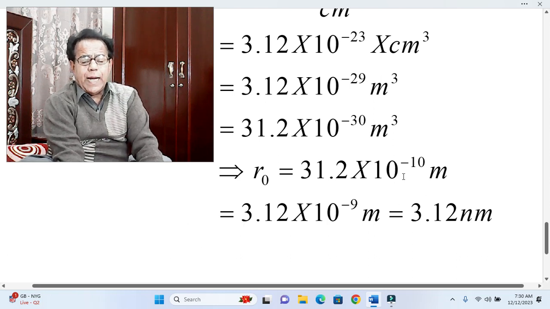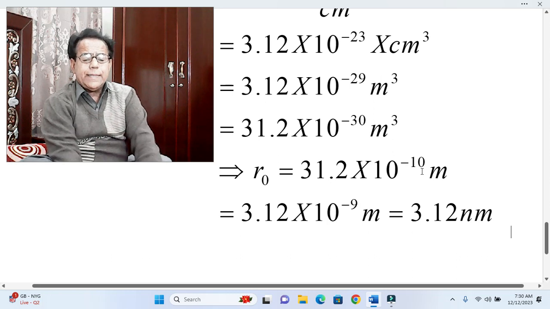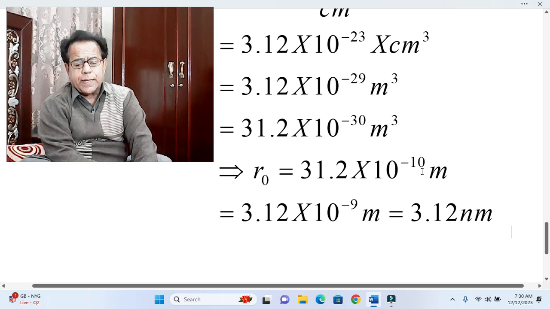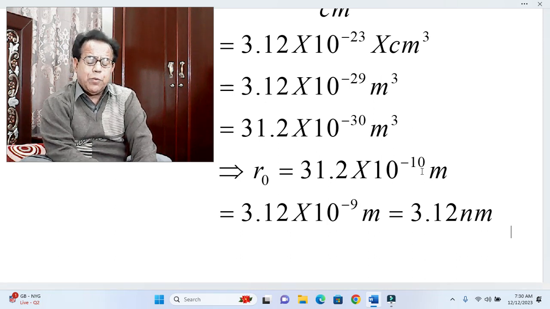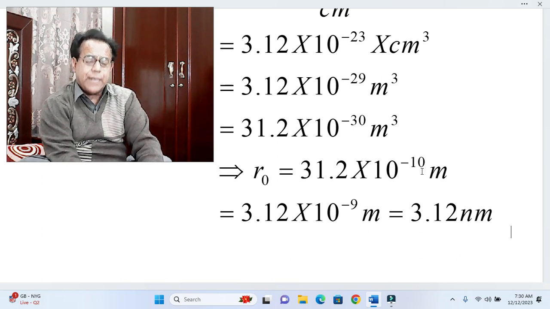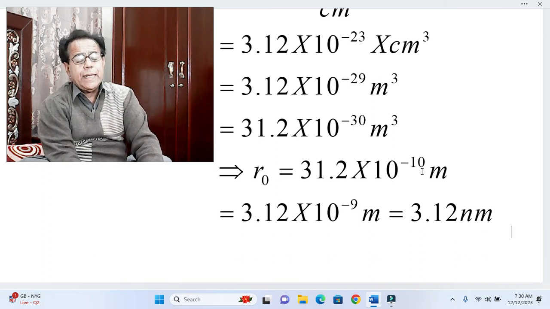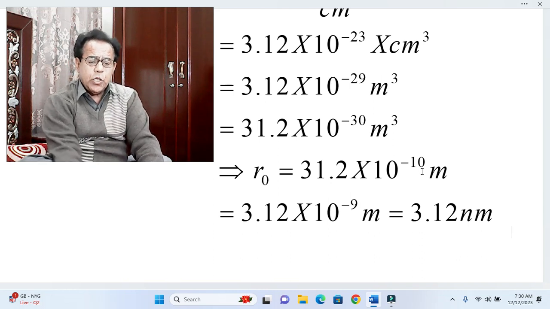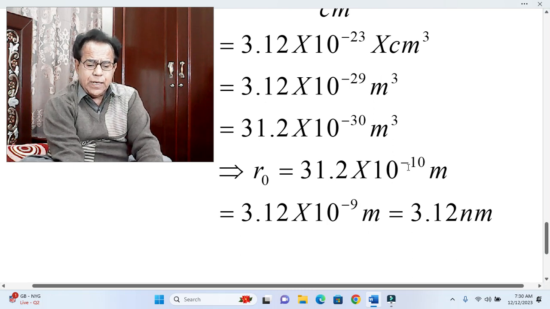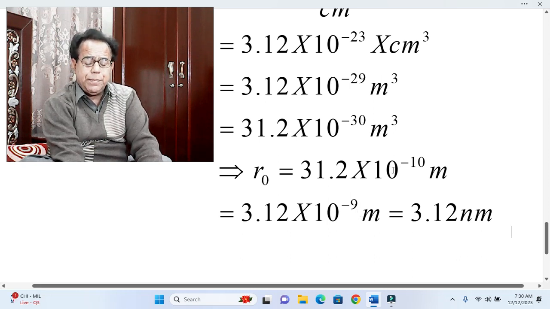Now we know that 10 raised to the power minus 10 is not very important for us. What is important is 10 raised to the power minus 3 or minus 6 or minus 9 or minus 12 or minus 15. So we will convert this 10 raised to the power minus 10 into 10 raised to the power minus 9, so that it may be read as nano.